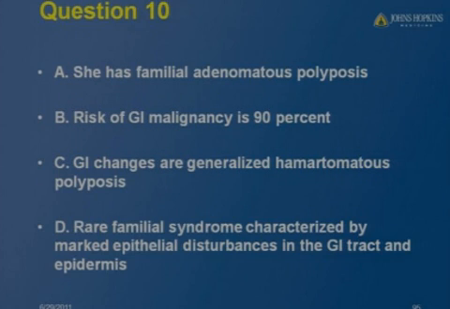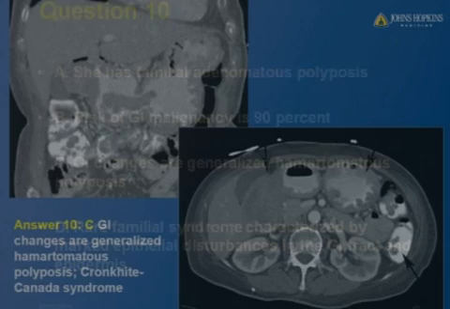You can take the answers now. Yes, that's what I was expecting, dividing between familial adenomatous polyposis and choice D.